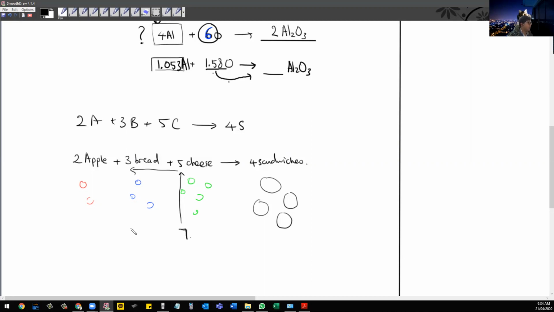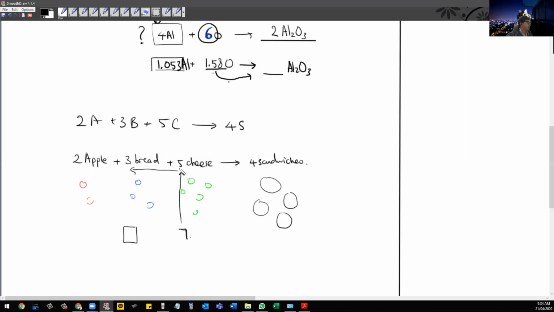So if you want to calculate the number of pieces of bread, you first divide whatever you have by the coefficient of whatever you have, and times by the coefficient of whatever you want. Okay, so it's always up and then this way.